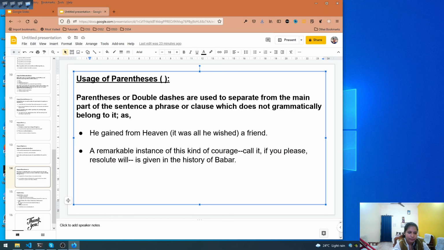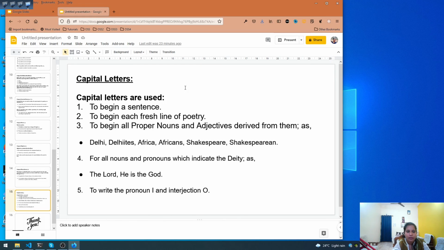And then capital letters. We all know we use capital letters when we write somebody's name, that is a proper noun, and at the beginning of the sentence, and also to begin each fresh line of poetry. So whenever you are writing any poetry, each fresh line should start with a capital letter.